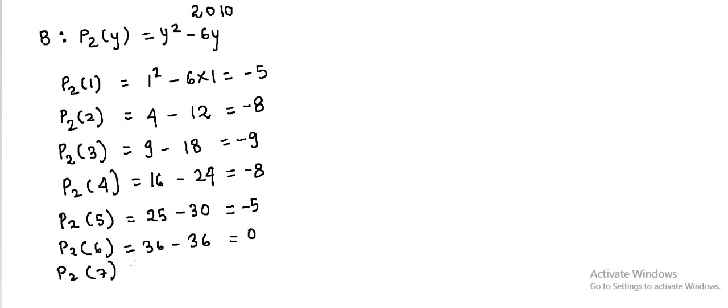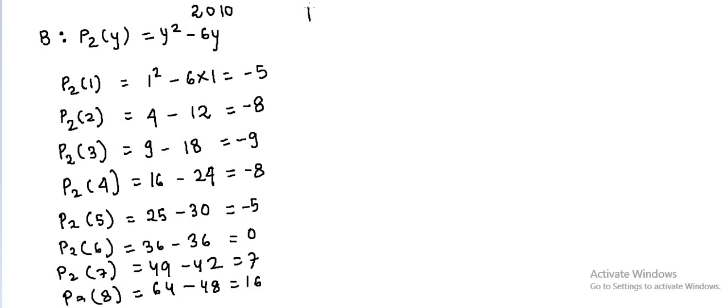P2(7) gives you 49 minus 42, which is 7. P2(8) gives you 64 minus 48, which is 16. P2(9) gives you 81 minus 54, which is 27.